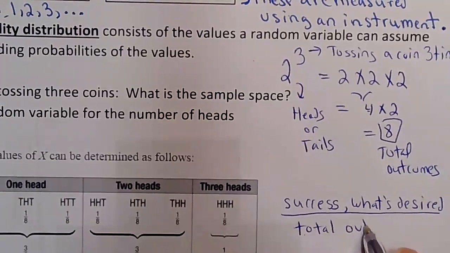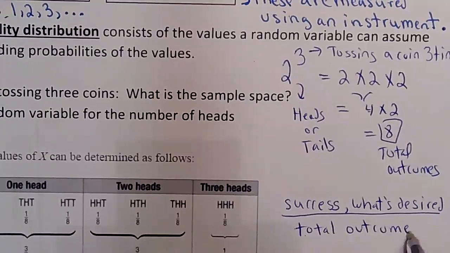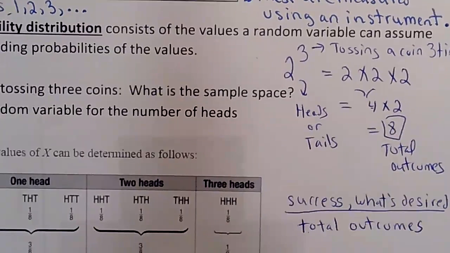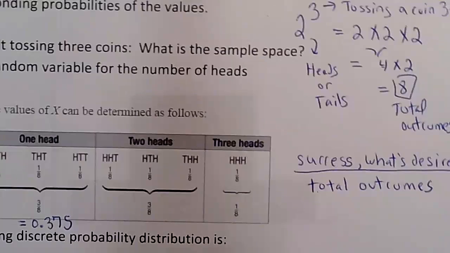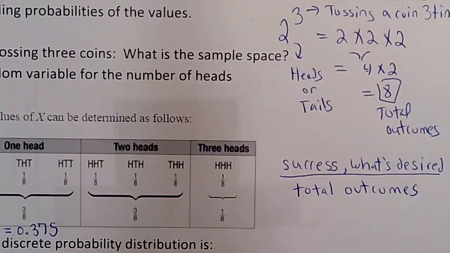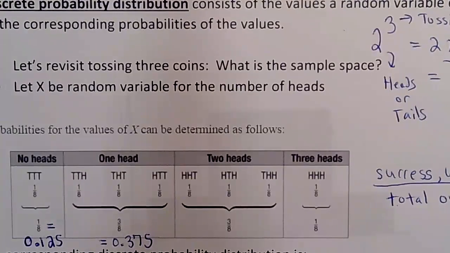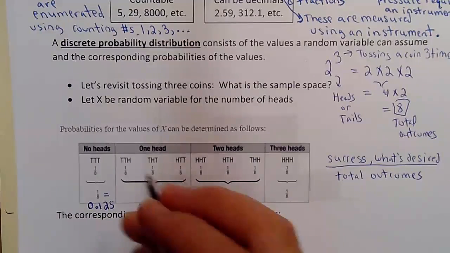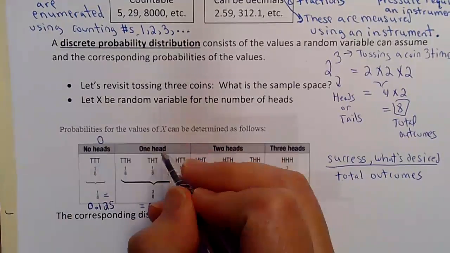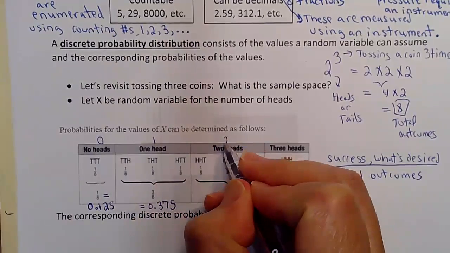So our denominator was 8. And we're interested in the heads from tossing 3 coins. Okay. Now, I was also going to do this on here. So I'm also going to associate a number at the top, number of heads. So this would be 0, 1 head, 2 heads, 3 heads.